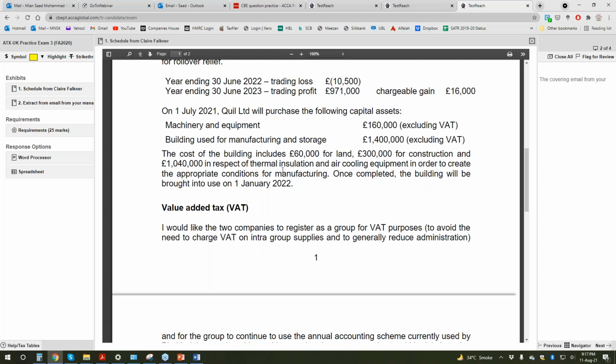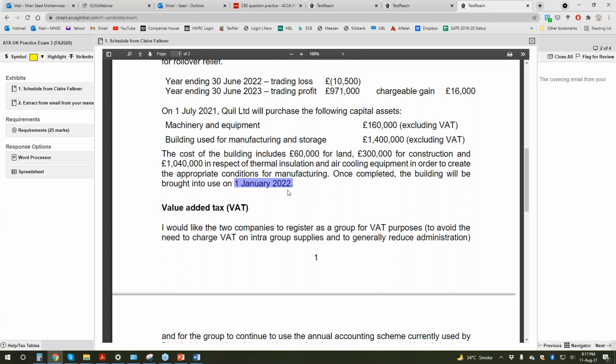Guys, it was mentioned above that both companies prepare the accounts for 30th June 2020, and once completed, the building will be brought into use from 1st January 2022. So even if the building was bought at the very start, the rule states that you can only claim structures and building allowance from the date the building becomes usable. So the building becomes usable from 1st January 2022, and their year end is 30th June 2022.